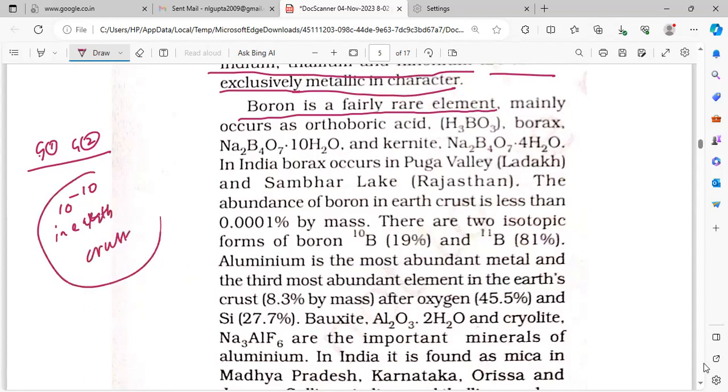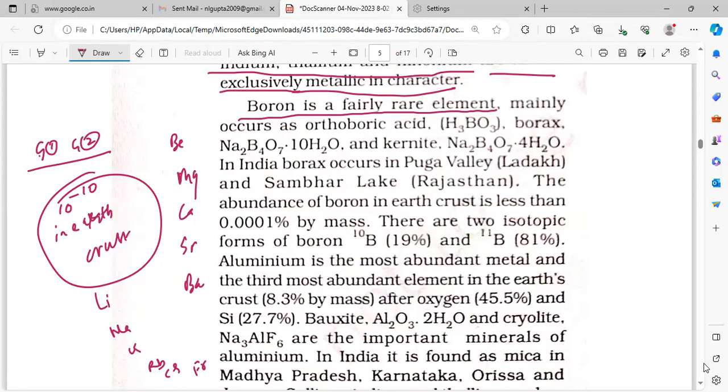Is it beryllium, magnesium, calcium, strontium, barium, or lithium, sodium, potassium, rubidium, cesium, francium? Sir, I do not know. Okay, you check and let me know.